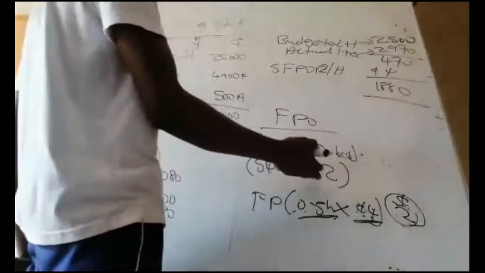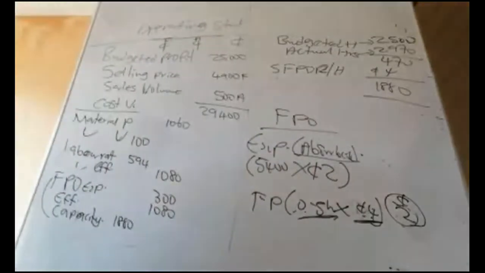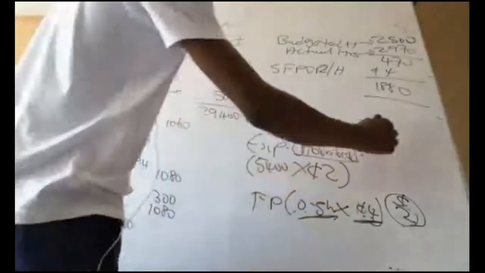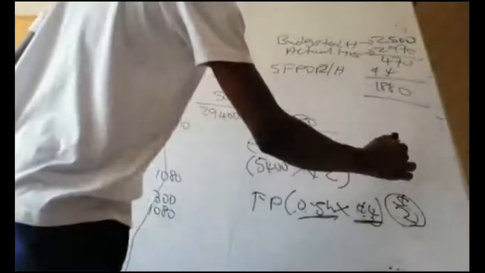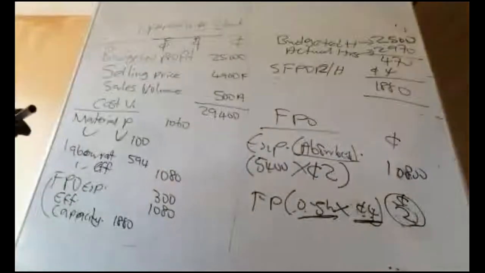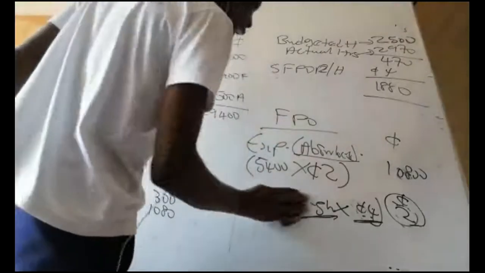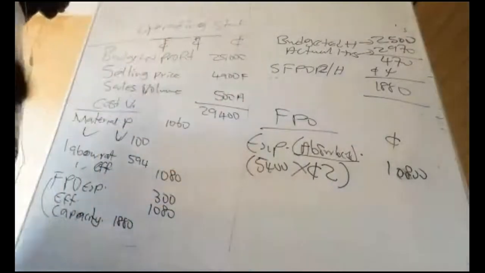5,400 by this, which is the same as the absorbed overhead, because the absorbed overhead is equal to the overhead absorption rate times the activity level. So that will give us 10,800. Then you compare it with the actual cost.